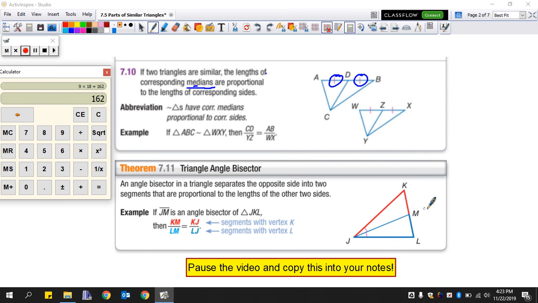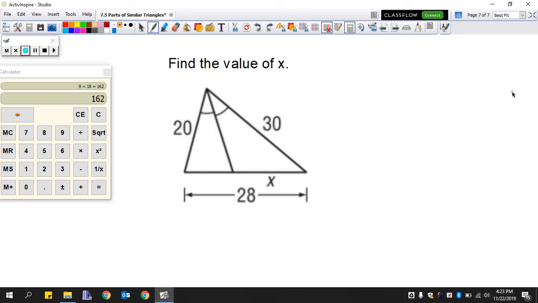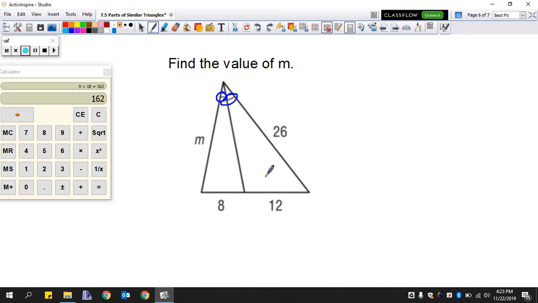So what that's saying is that this and this are proportional to this and this. So we can say 12 to 26 is proportional to 8 to m.